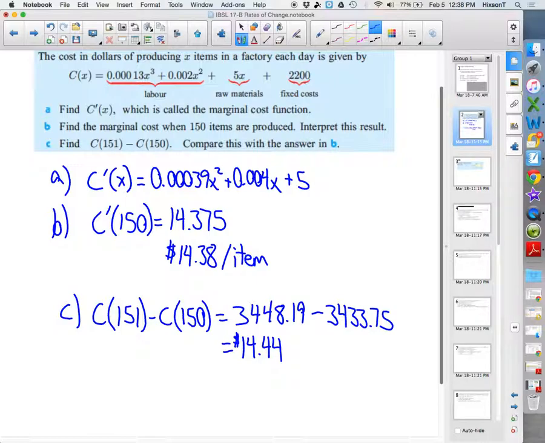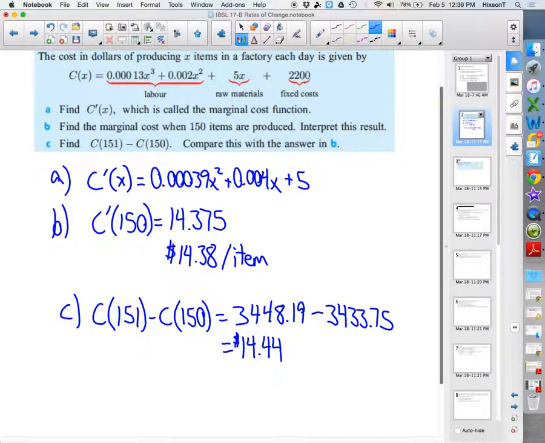B gives you how much one of the 150 items is going to cost, and C gives you how much the 151st item is going to cost, or no?